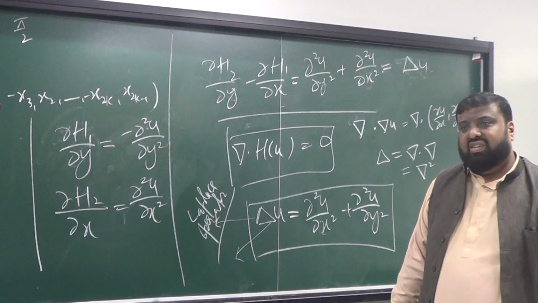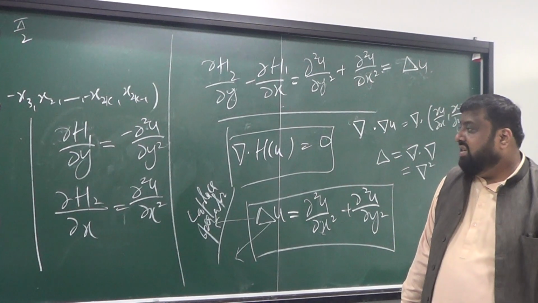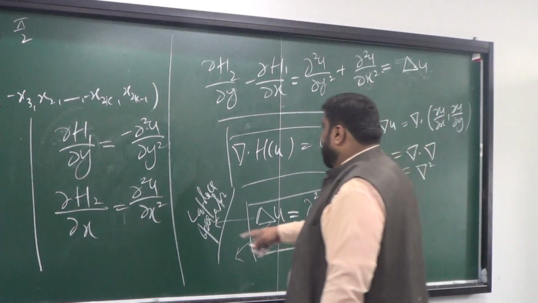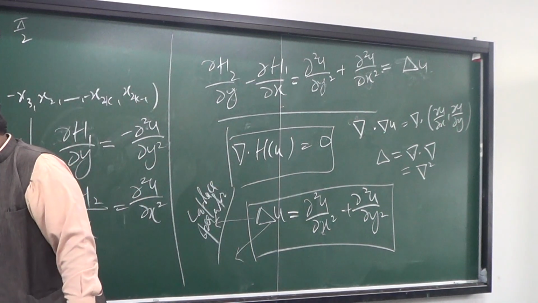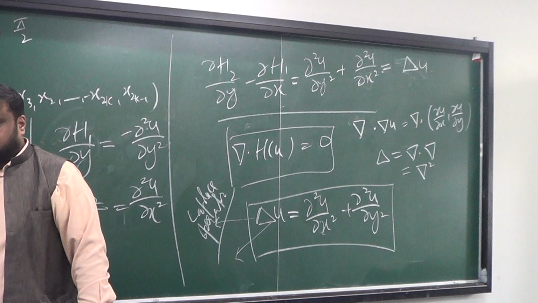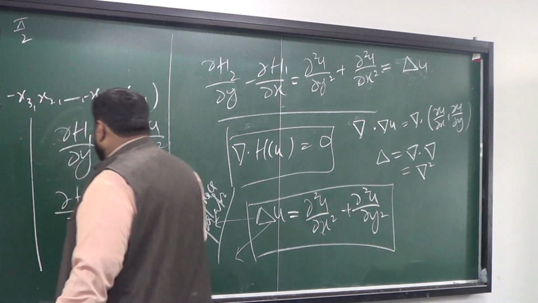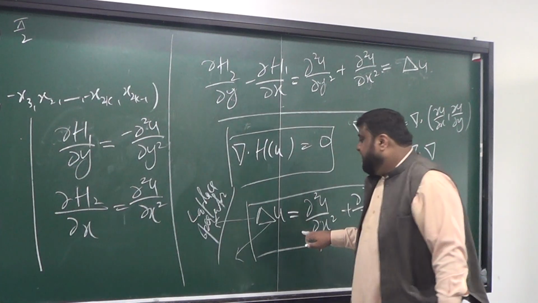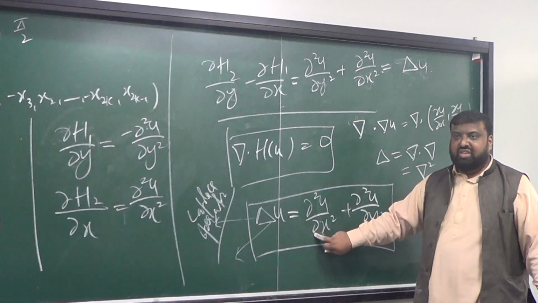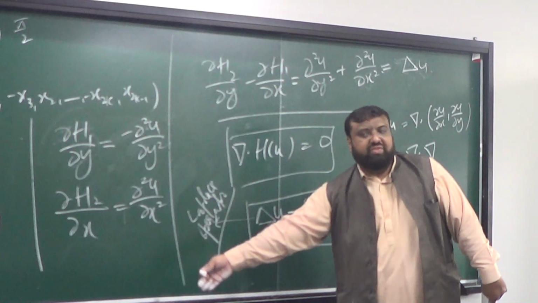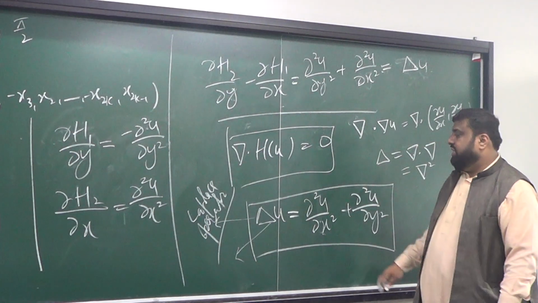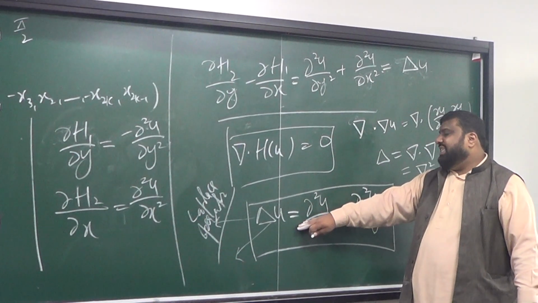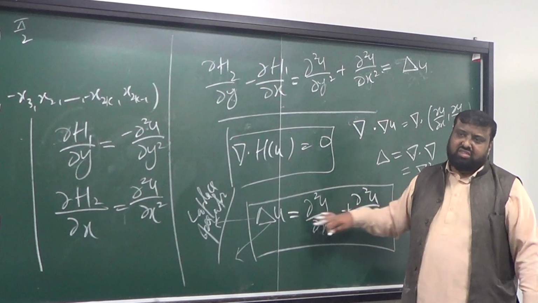According to this it would be 0. Yes, its divergence would be 0. But here, since I wanted to introduce this new notation, I want to take it out of the Hamiltonian operator, and you can treat this as an independent quantity.